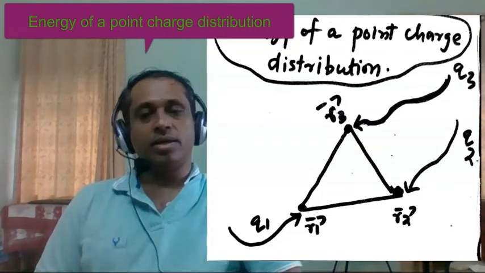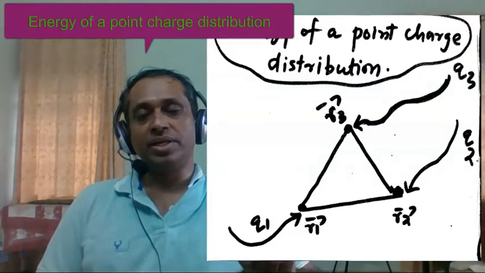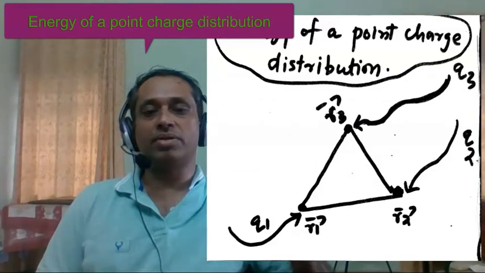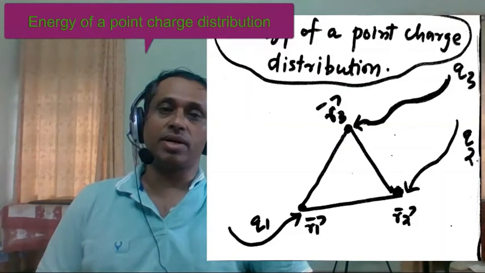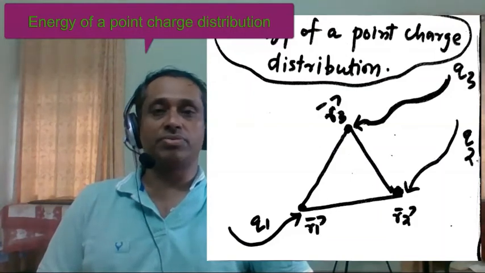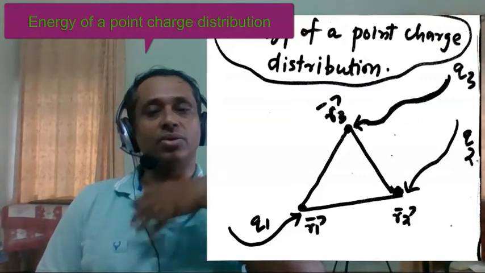Okay, the first charge is Q1. For bringing the charge Q1 from infinity to a point, position vector R1, there is no need of doing any work. Why? Because there is no electric field.